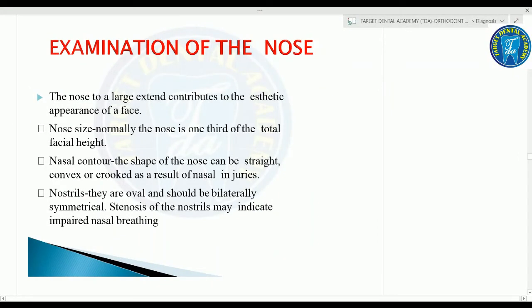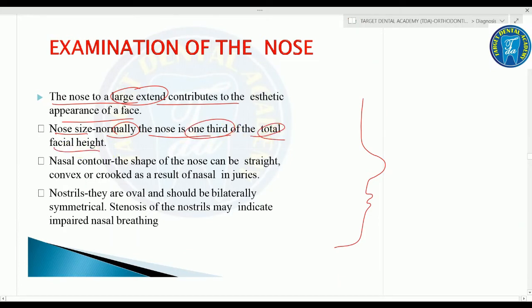Right? Now next is the examination of the nose. The nose, to a large extent, contributes to the aesthetic appearance of the face. The nose size is normally one third of the total height.